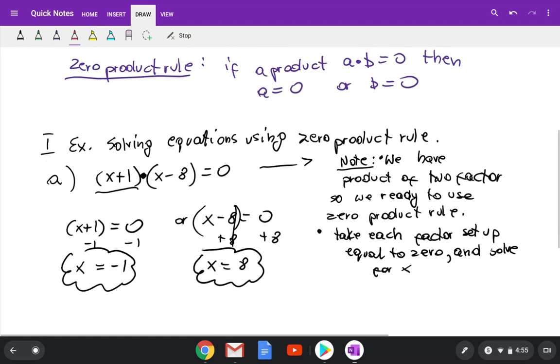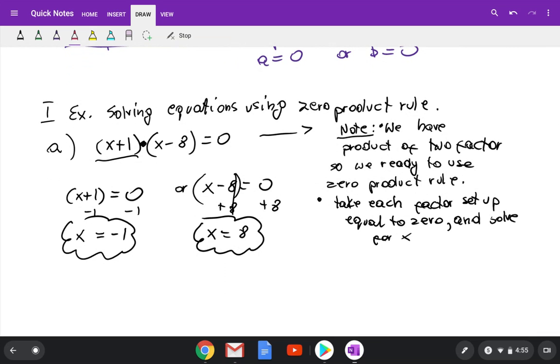Okay. Also, one more note. Since you have a product of two factors, again, don't FOIL, okay? Don't FOIL, don't distribute. You want to have a product, which is multiplication of factors.